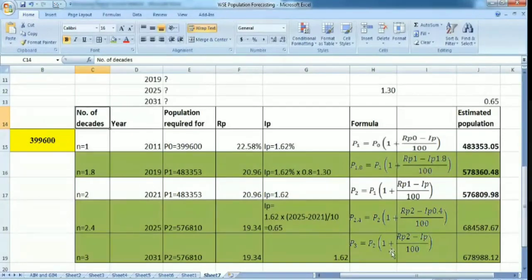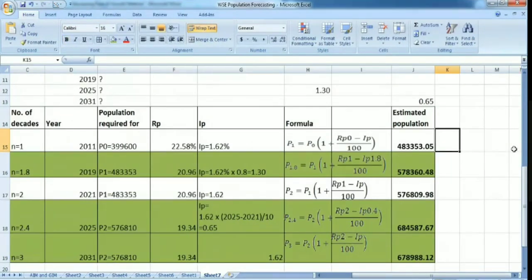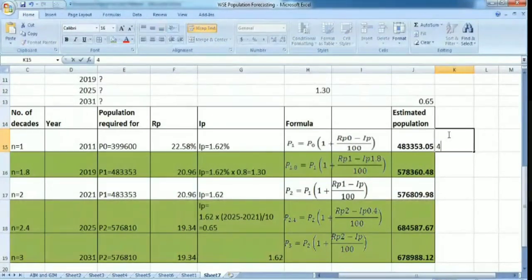Now, is there any doubt with regard to the solution that I've given? I need to consider the population without any decimal place. So I'll consider it as 483,353. The 0.05 I'll just neglect.